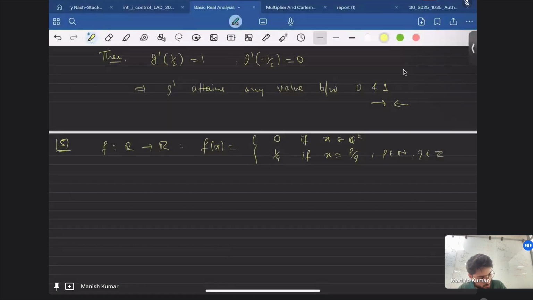Okay, so the question is: check differentiability of f at 0.